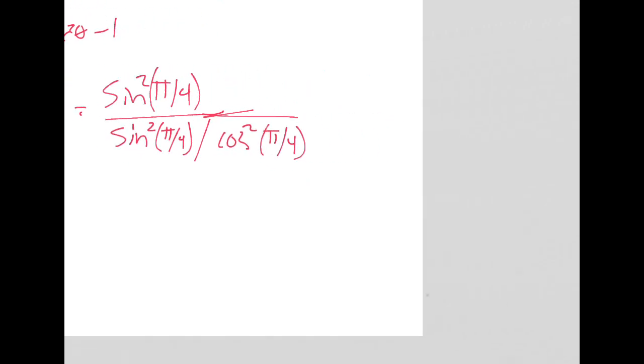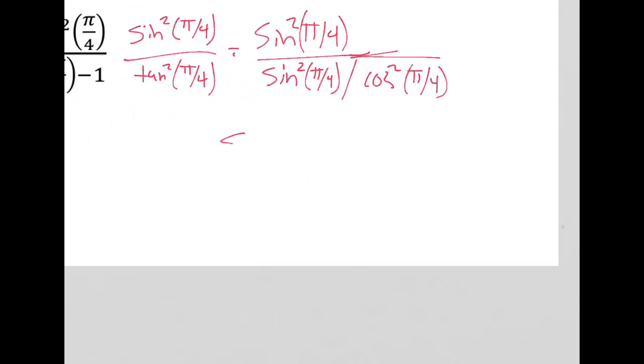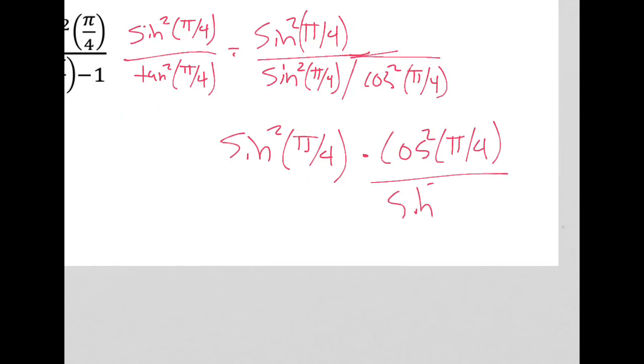Dividing by a number is the same as multiplying by that number's reciprocal. So I have sine squared of pi over 4. Instead of dividing it by sine over cosine, I'm going to multiply it by the reciprocal, which gives me cosine squared pi over 4 over sine squared pi over 4.